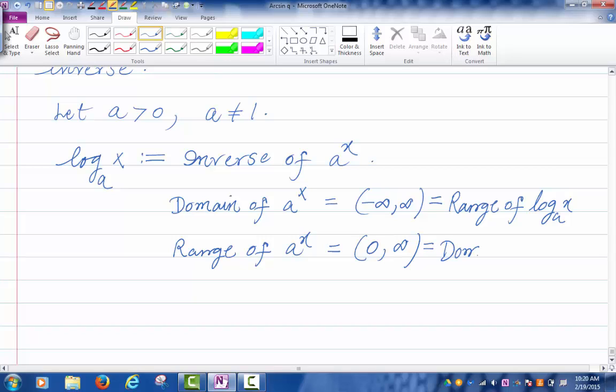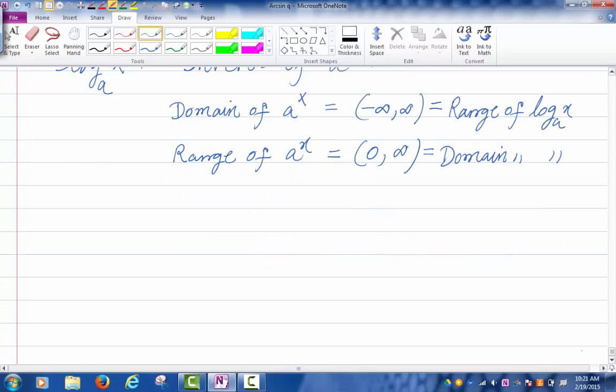It's telling me that if I have a number x and another number y, if the log base a is taking x to y, then the exponential function a to the y is taking y back to x, right? That's the property of inverses. They do the opposite of each other. Okay, they undo each other.